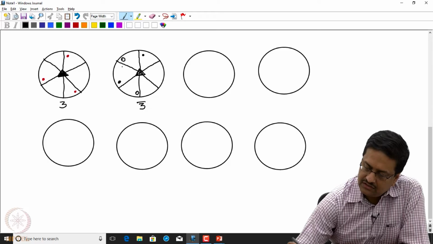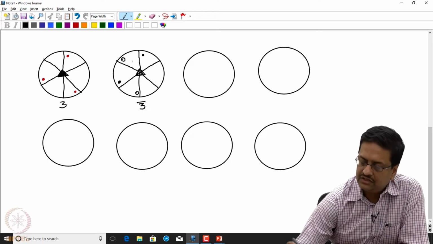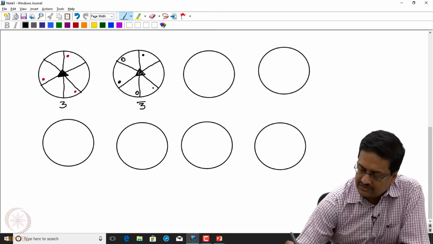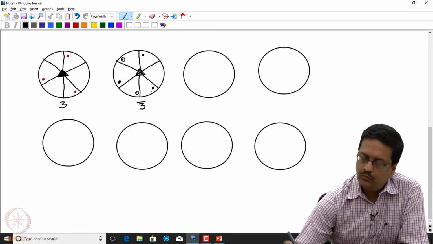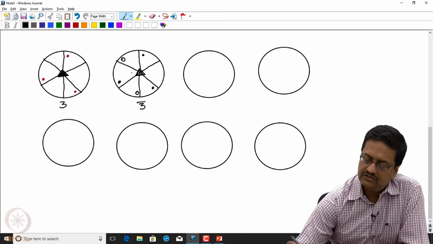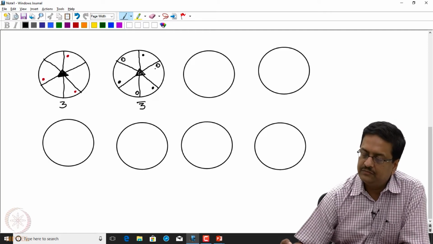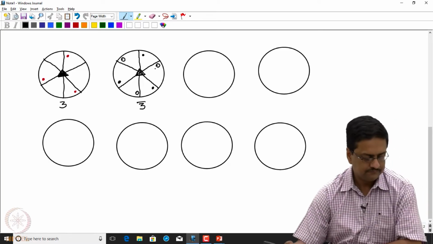Start with open circle, 120 degree rotation followed by inversion becomes closed circle. Once again 120-degree rotation followed by inversion becomes an open circle. So this is the representation of 3 bar.